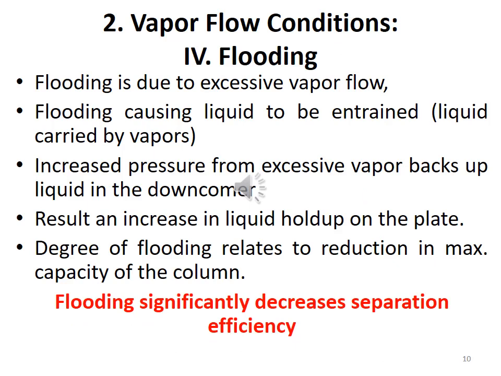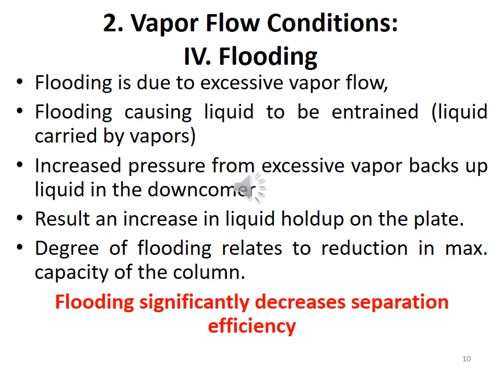Weeping is due to the low vapor flow, while the flooding is brought about by excessive vapor flow, which is causing liquid to be entrained in the vapor up to the column. The increased pressure from excessive vapors also backs up the liquid in the downcomer, causing an increase in liquid holdup on the plate.